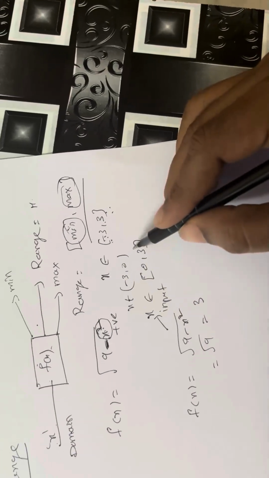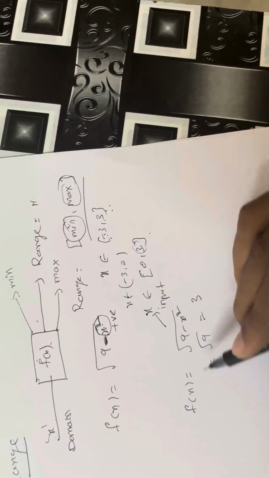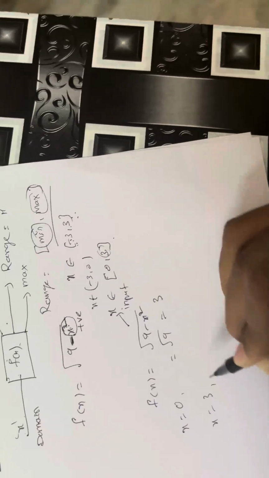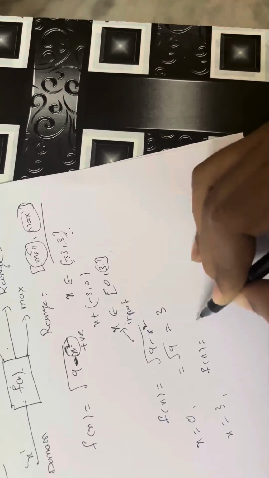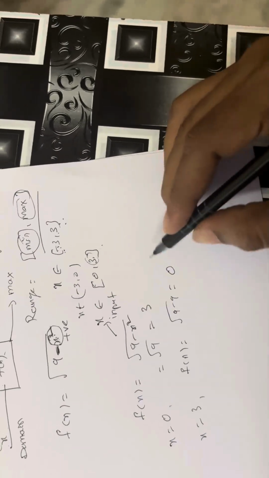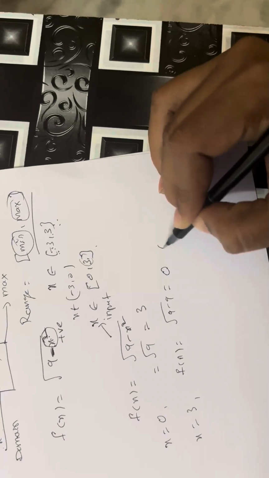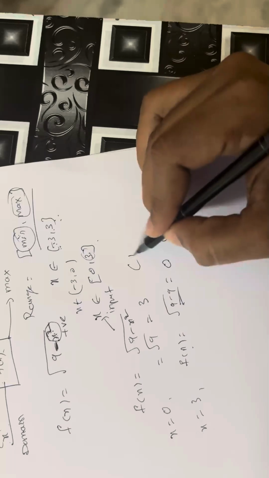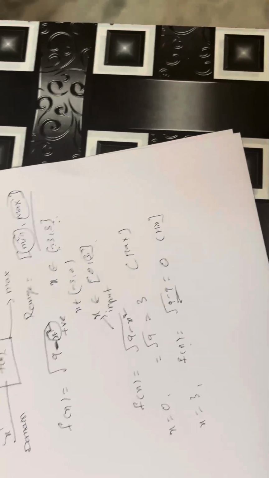Now substitute the maximum value here. When x is equal to 3, f of x is equal to square root of 9 minus 9, which is equal to 0. Okay, so if you observe, this is the minimum value you are getting as output of this function, and this is the maximum value you are getting as output of this function.